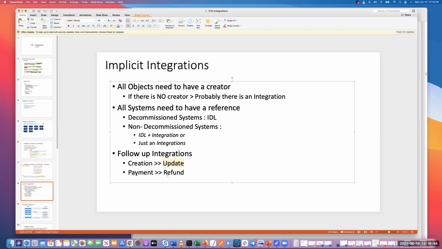So just think about the subsequent integrations that might come based on the scenario. If you buy something and then cancel it, then of course there's a refund. If you do a record creation and you don't see any updates coming back, but the users of the data are updating it, and it's never mentioned as an integration, that means there could be an update integration.